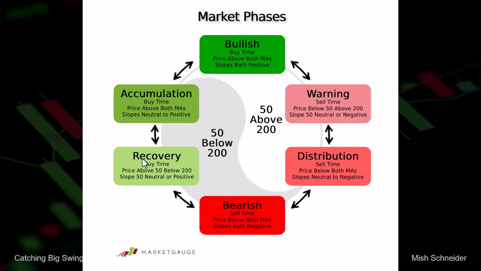That would be a very powerful signal that a bottom is in. So all of this information really serves to help you make these decisions both short term and longer term.